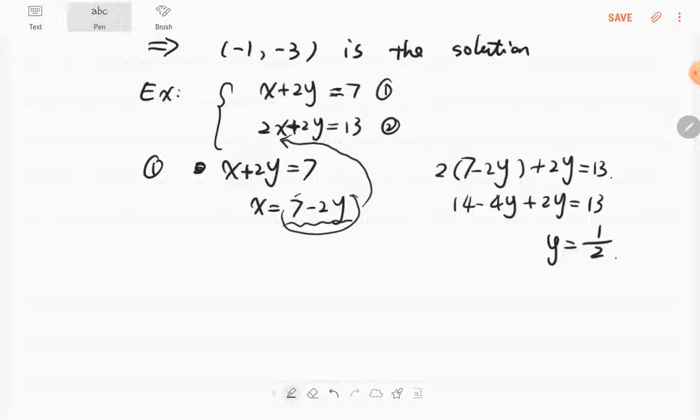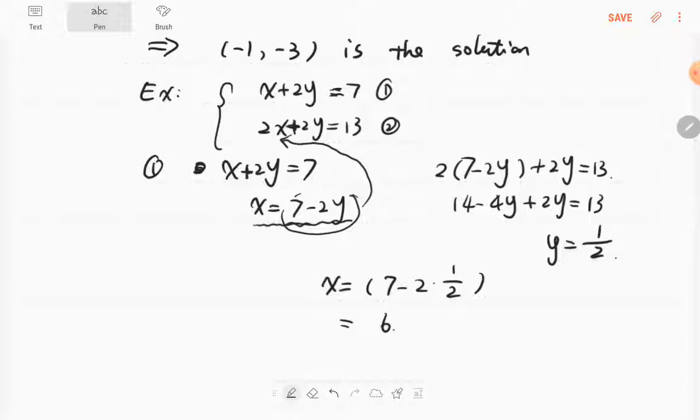After that, we can use this y equal to half, go back to the original one, maybe we just pick the original one. Or you can directly pick this solve for x form. It doesn't matter. You use this one to solve for x. This time, y is equal to 1/2. So x is equal to 6.